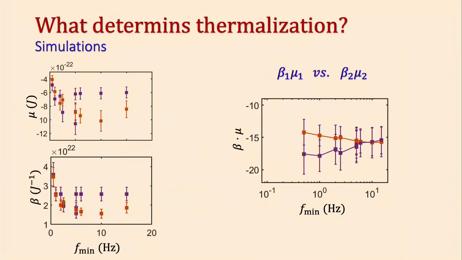So we checked this, and you see here the minimum density, the minimum frequency. We have two systems, and we needed the minimal frequency of the two sides to be high enough. If the minimum frequency is high enough, then we get complete agreement between the two sides of the experiment with beta mu 1 equals beta mu 2. This doesn't happen at lower frequencies.